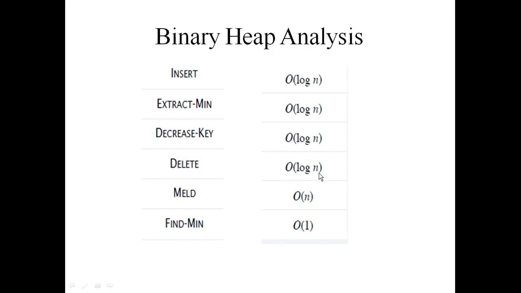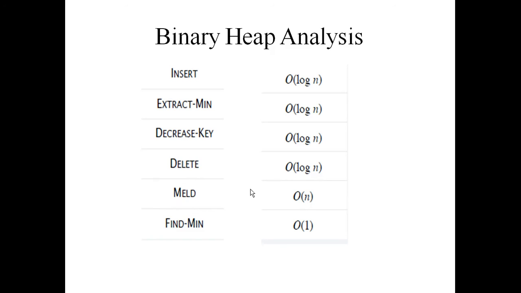Then the next operation, that is meld. It is very interesting to see that the complexity in this case is big O of n. The reason is that we have two heaps h1 and h2, and to merge these two, you copy the second heap after the first heap in the array. After combining it, you have to make sure that the heap property is restored.